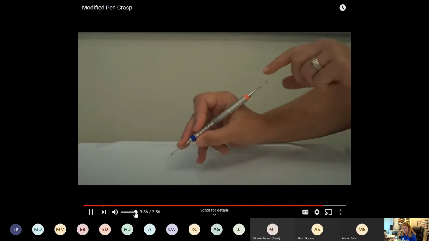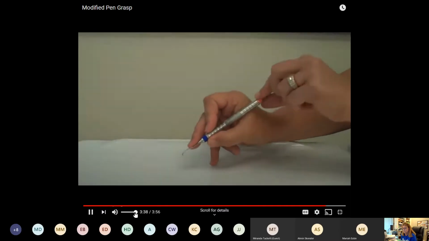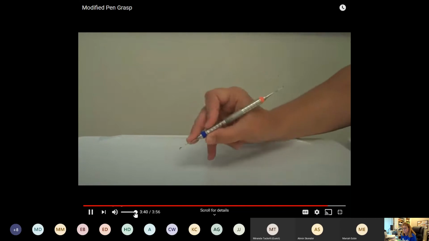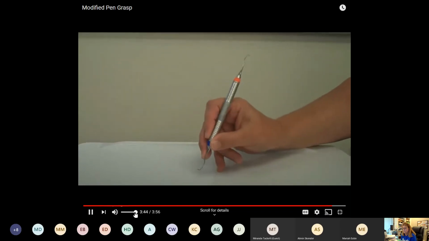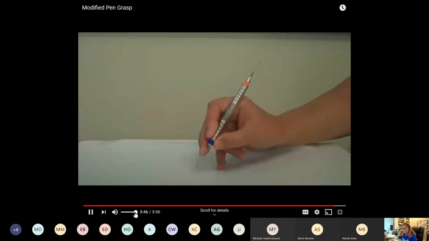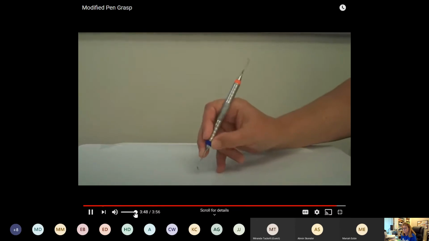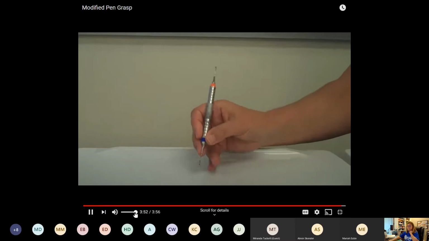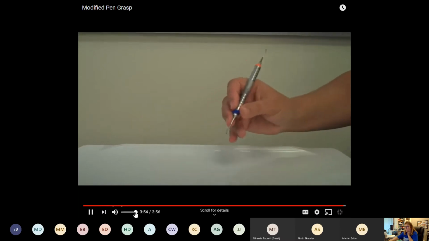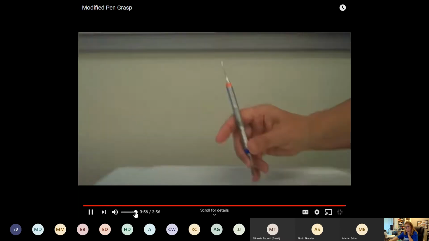A lot of times I will actually see students taking their instrument and moving it up there. You've got to be able to use your finger strength to get it up there and roll forwards and backwards to adapt that instrument. Okay?